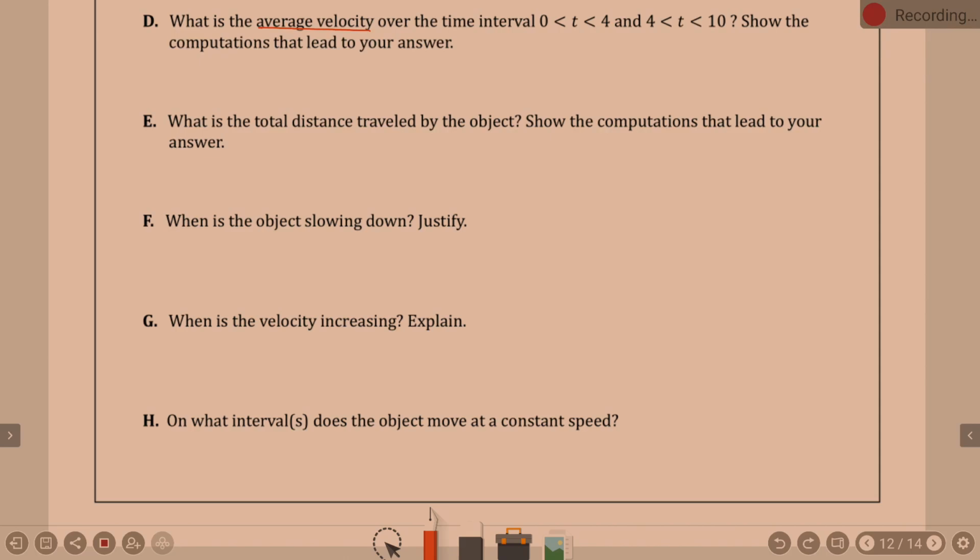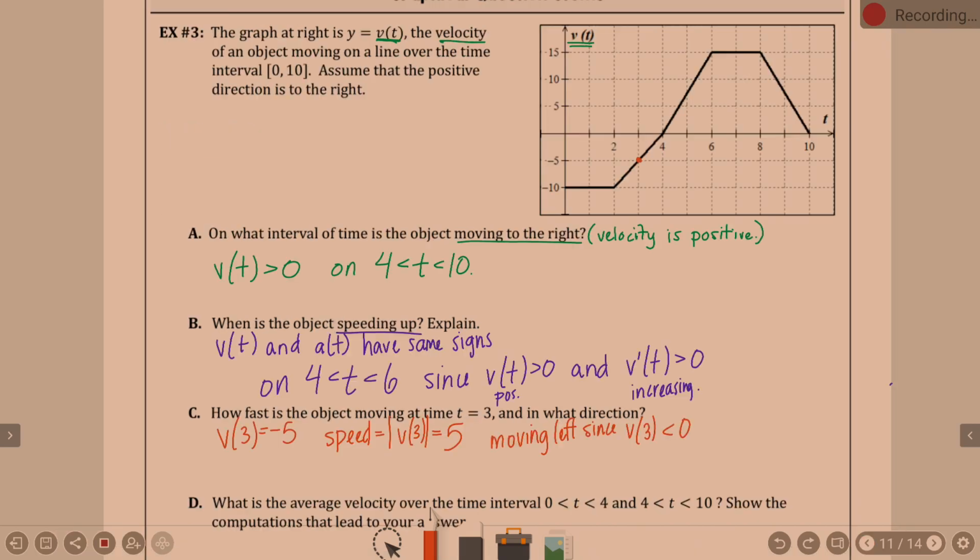That would be v of 4 minus v of 0. That would be how you find the average velocity.